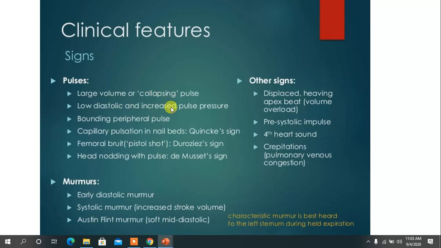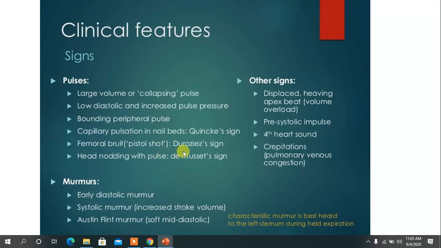Low diastolic or increased pulse pressure. Bounding peripheral pulses, bounding because more blood is pushed with every beat, because the blood accumulates more after regurgitation into the ventricle.